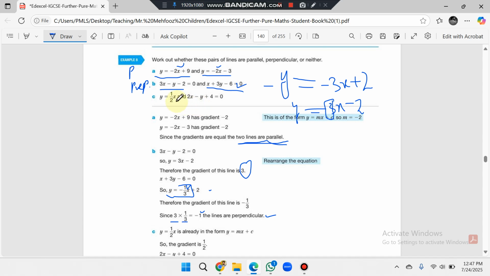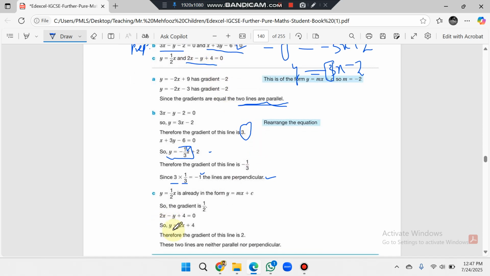Next one is part C, y = 1/2 x. Here we do not have any y-intercept, right? And when we convert the other equation into the standard form, you have y = 2x + 4. So in this equation we have the gradient 2, and in the first equation you have the gradient 1/2.